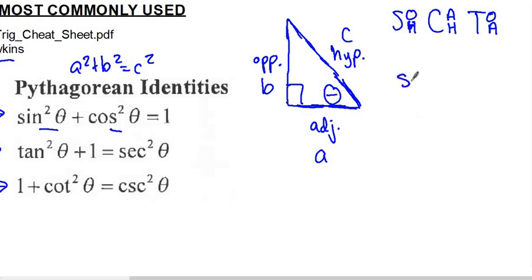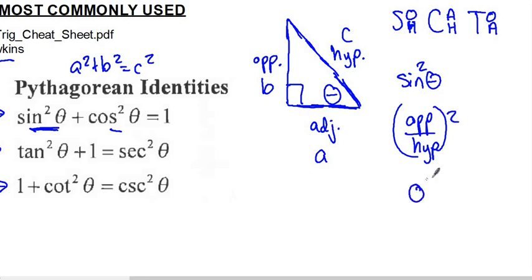So the sine of theta squared, because that's what we're dealing with right here. What would the sine of theta squared be? Well, the sine of theta is opposite over hypotenuse, and we're squaring that. So I'm going to write that as O squared, which means opposite squared over H squared.